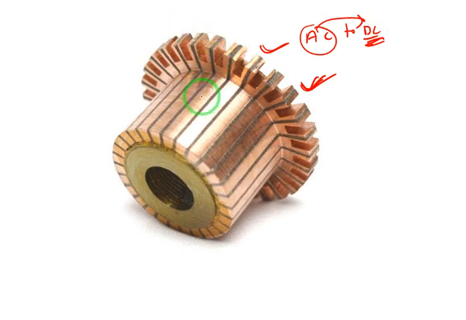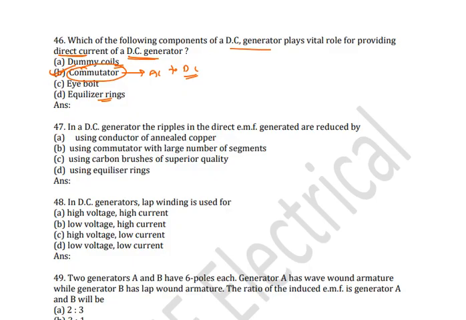Each commutator segment is separated by a thin layer of insulation made of mica. Insulation is also usually asked in questions, so remember that mica insulation is used between these commutator segments. These are connected to copper lugs. Therefore, the commutator provides DC current in a DC generator.